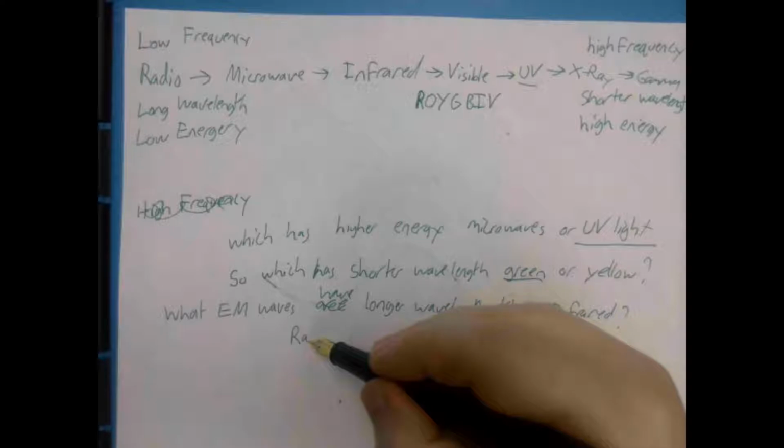Do y'all remember the equation for energy? Energy is equal to hf. I don't have y'all memorize Planck's constant. It is on the test. Planck's constant is 6.63 times 10 to the negative 34 joule seconds.